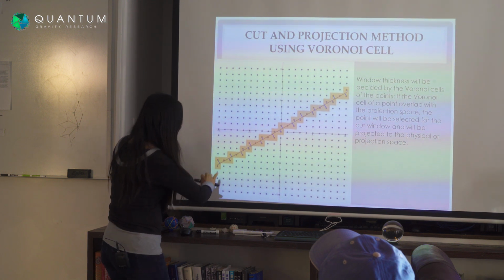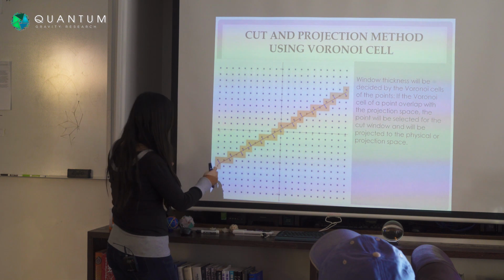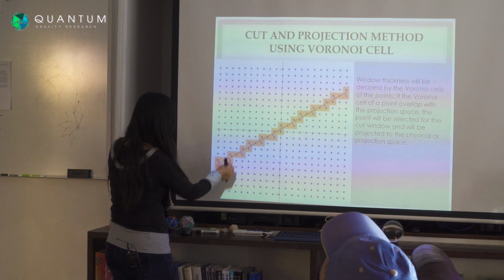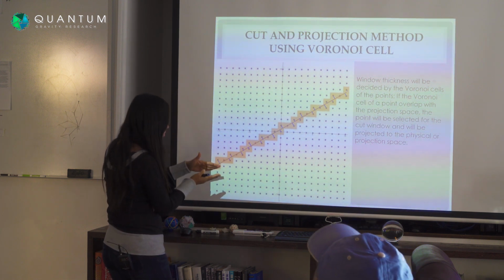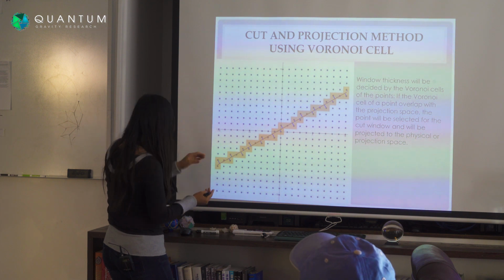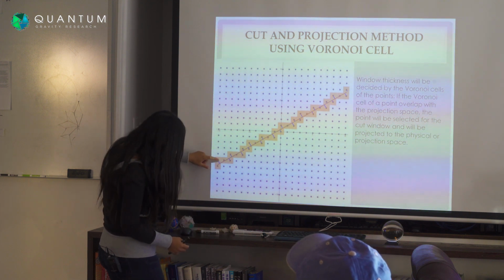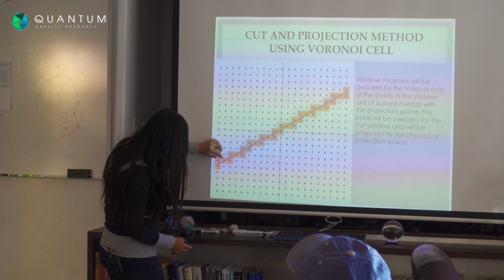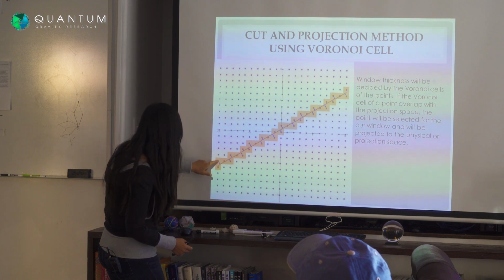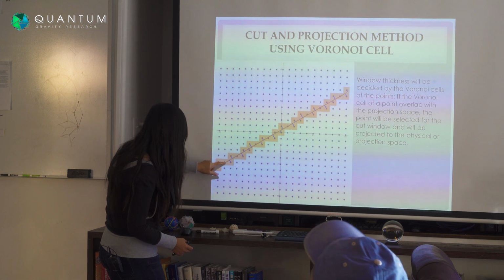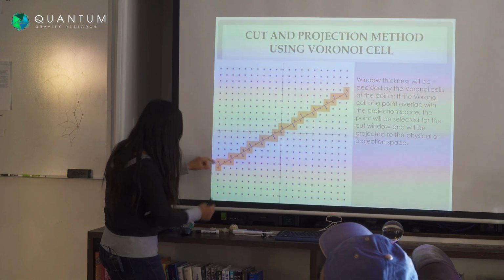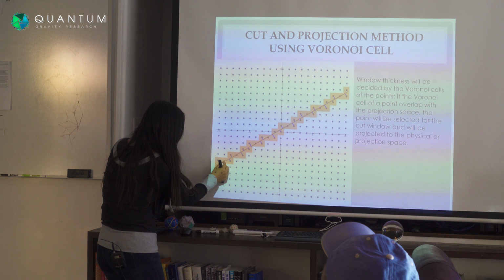So once you decide a window, right? So all the vertical edges would be projected to a same length. For example, from here to here, right? So this edge will be projected to this segment. Did you see that?